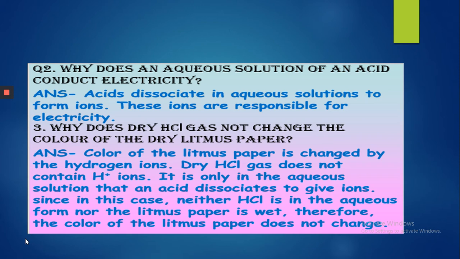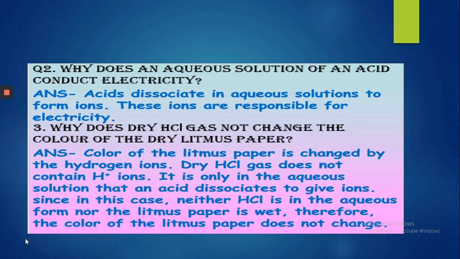Why does dry HCl gas not change the color of dry litmus paper? The color of litmus paper is changed by the hydrogen ion. Dry HCl gas doesn't contain any hydrogen ions. It is only in aqueous solution that an acid dissociates to give ions.